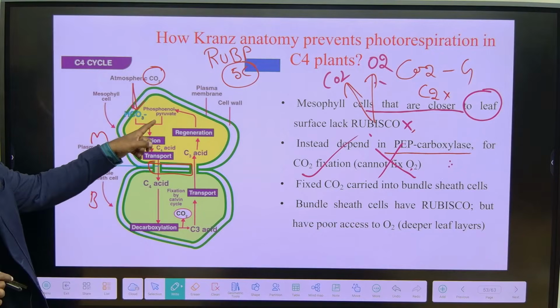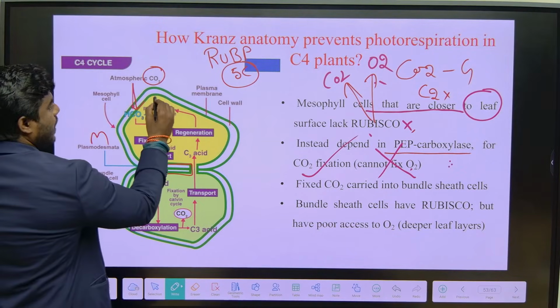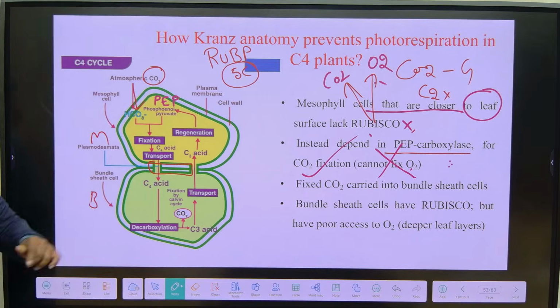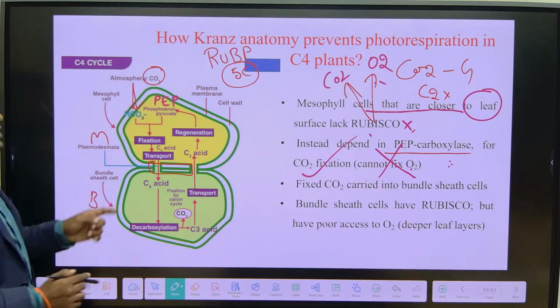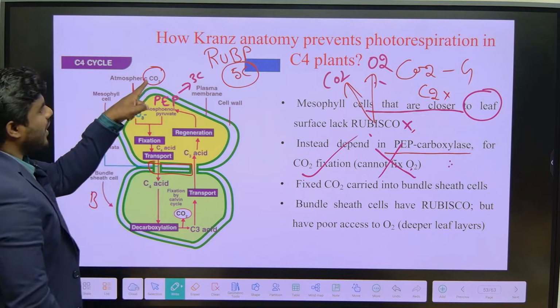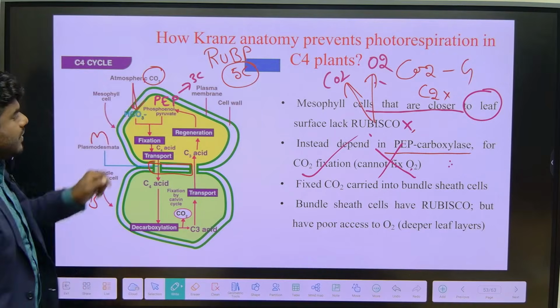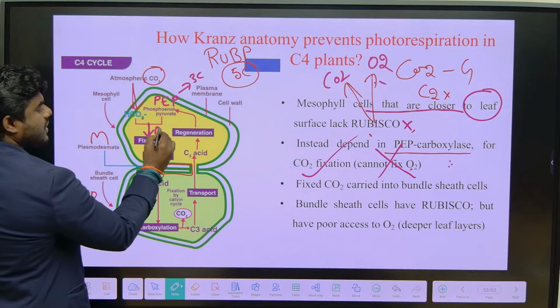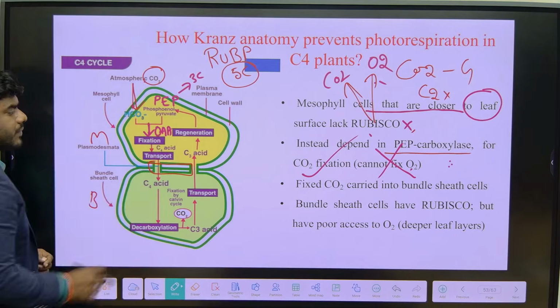So who is the carbon acceptor in the C4 pathway? Phosphoenol pyruvate. Where did we read this? In glycolysis, the 9th step. Phosphoenol pyruvate is how many carbons? 3 carbon. Accepting 1 carbon from the atmosphere, it becomes 4 carbon. What is the name of that 4 carbon? Oxaloacetic acid, which is the 4 carbon.